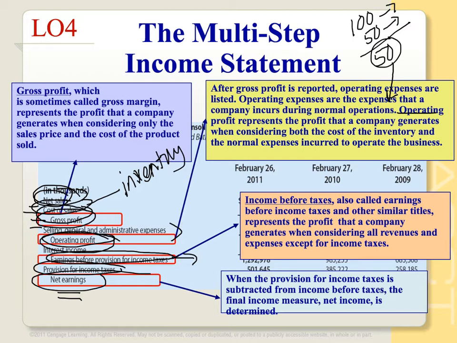The best way to do this is to do one by looking at the accounts that you'll be putting in and where they get placed. So let's go ahead and take a look.